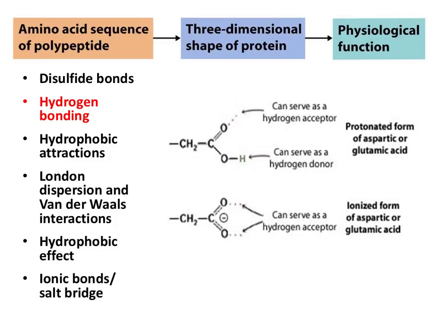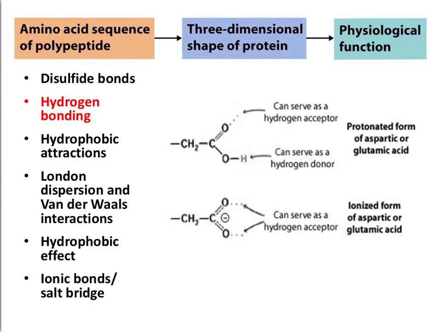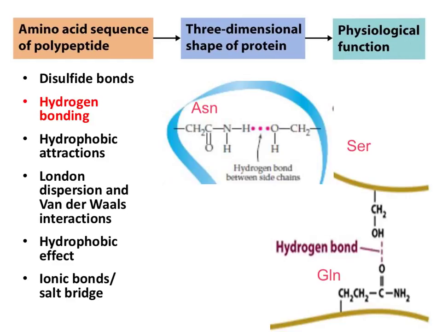Besides glutamine and asparagine, the acidic amino acids can participate in hydrogen bonding both when they are protonated and when they have a negative charge. Here we present the hydrogen bonds between the side chain of serine and asparagine and also serine and glutamine.